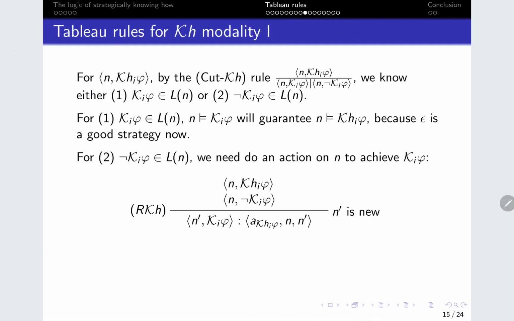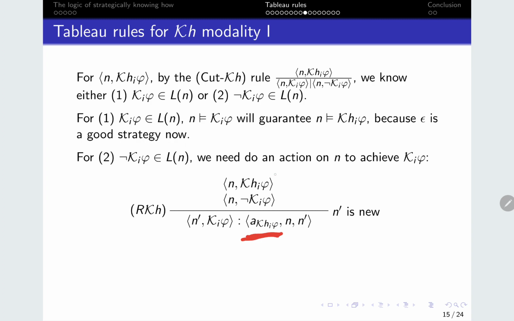For the second situation, if know-that phi is not true on the node n, it means that to guarantee know-how phi is true on the state n, we need to build a new strategy, because the empty strategy now is not a good strategy. Our method is to make an action A whose purpose is to realize the formula know-how phi.